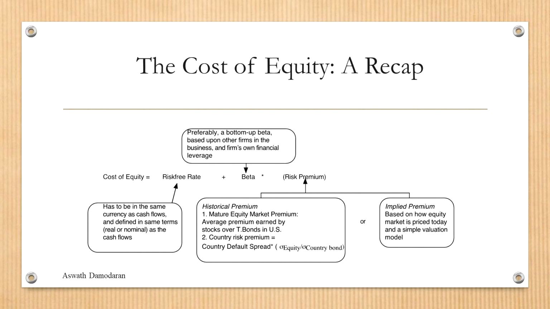And actually, the first step is to compute the expected market return, and then you take the difference between that expected market return and the risk-free rate to get the so-called implied ERP. So that is the cost of equity, just one equation based on the capital asset pricing model. Cost of equity equals risk-free rate plus beta times risk premium.